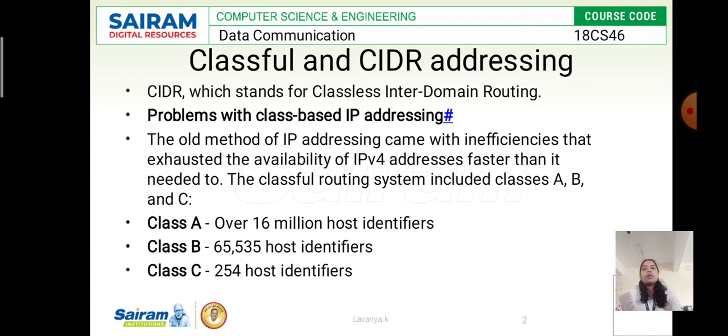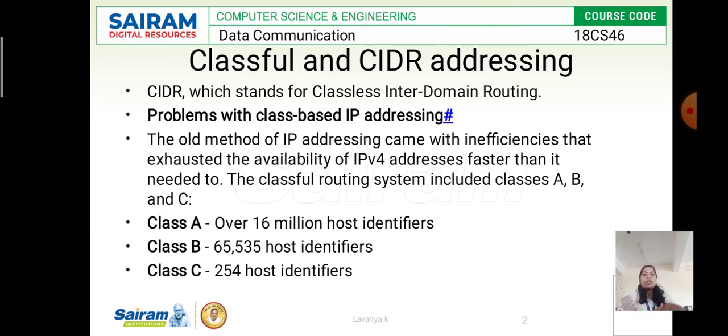Here we are going to use three classes: class A, class B and class C. Classless Inter-Domain Routing is an IP addressing scheme that improves the allocation of IP addresses and replaces the old system, where IP addresses were based on class A, class B, or class C. This type of scheme we call IPv4 classful and CIDR addressing.